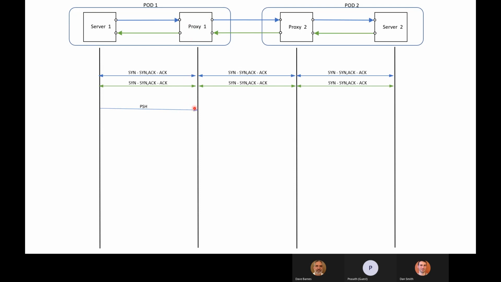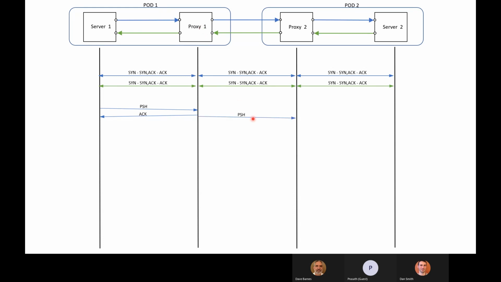The proxy container receives the TCP packet and sends back a TCP acknowledgement. So from server one's perspective, this data packet has been successfully received by server two. But in reality, this packet is only on the first proxy container. And this proxy container then will send the data forward to the remote side.